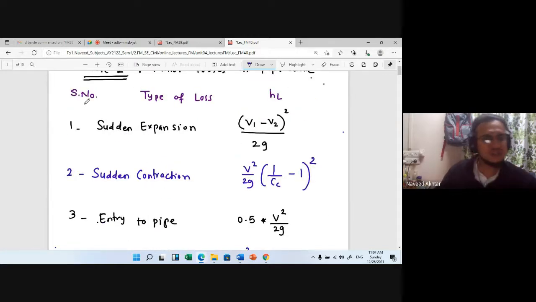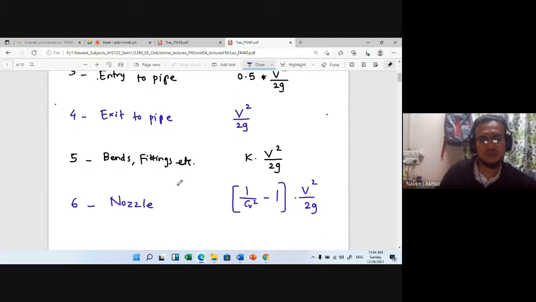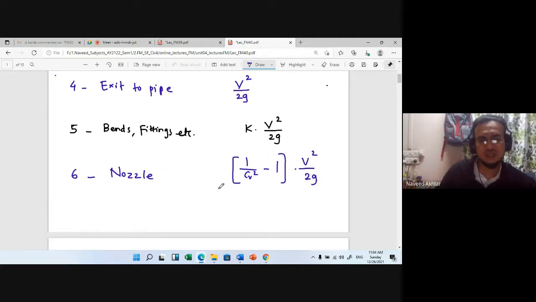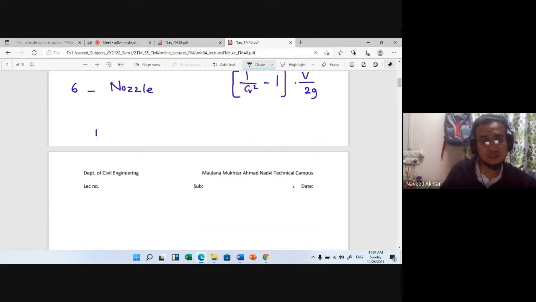The column number one is serial number, column number two is type of loss, and then the head loss due to sudden expansion, sudden contraction, entry to the pipe, exit to the pipe, bends and fittings, K times, variable, and nozzle. And the major loss is the loss due to friction, that is hf equal to f L V square upon 2 g d.